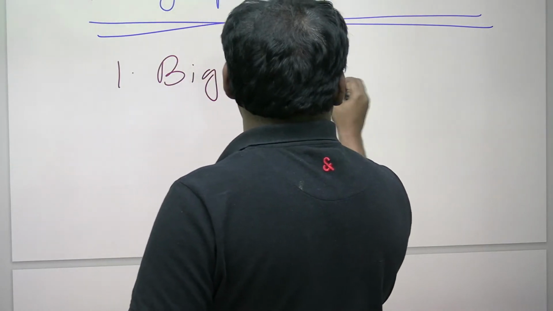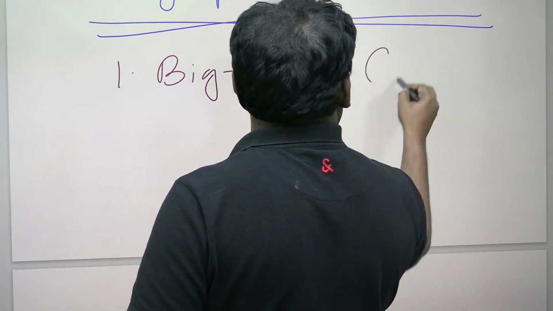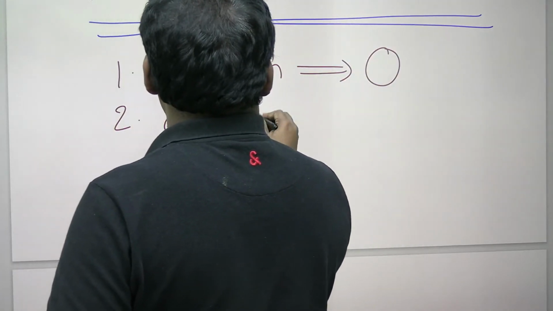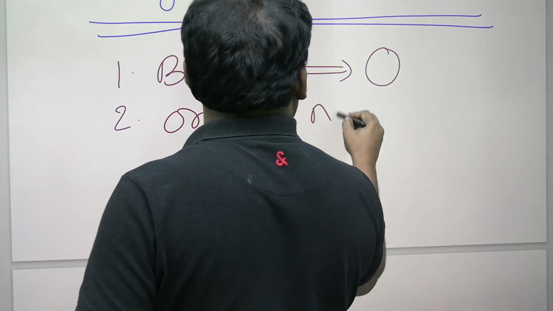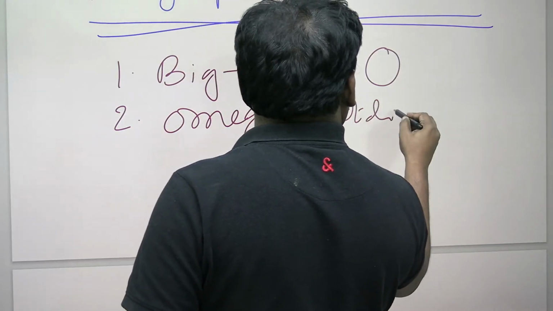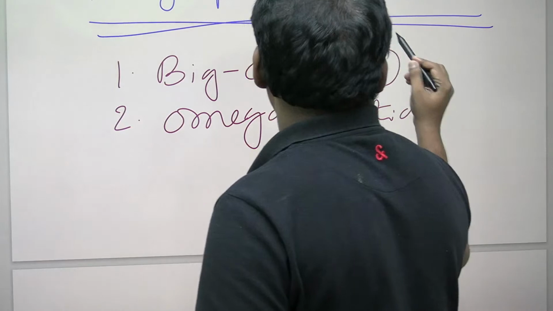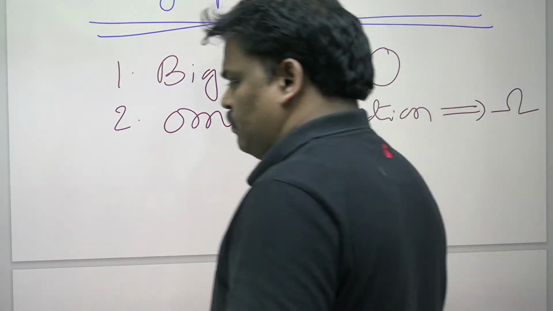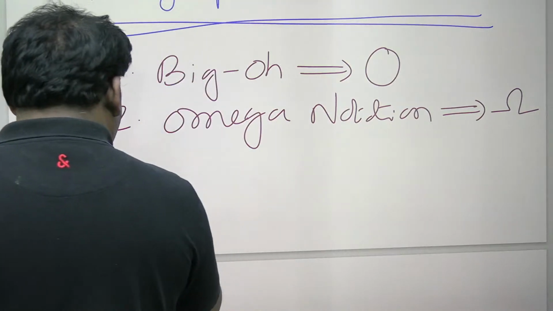So the symbol is big O. Second one, omega notation. First one is big O notation. Second one is omega notation. This is the symbol. Third one is theta notation.